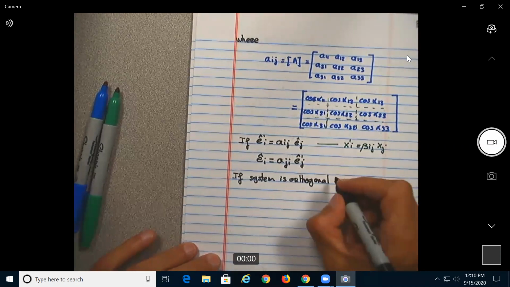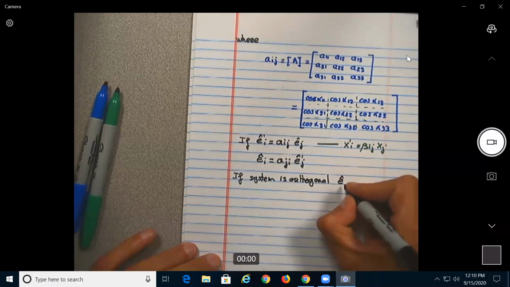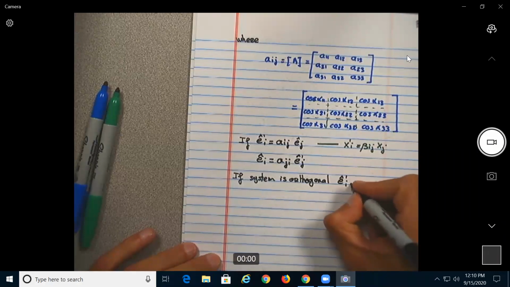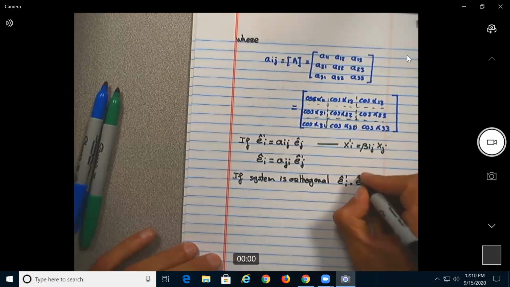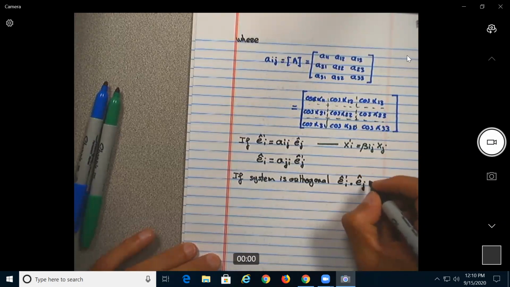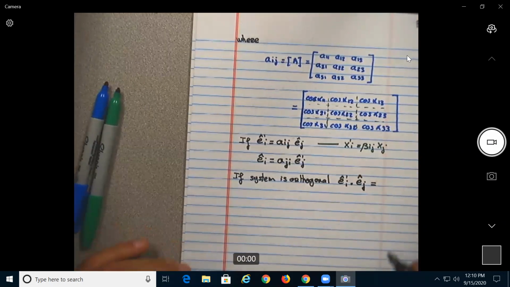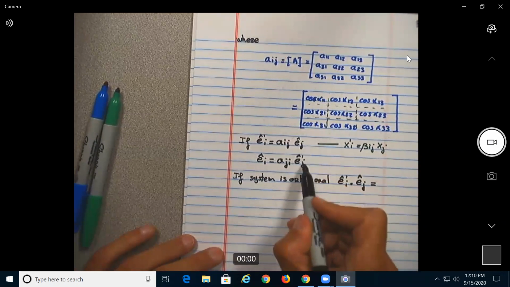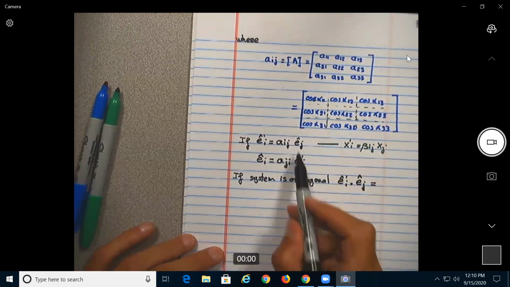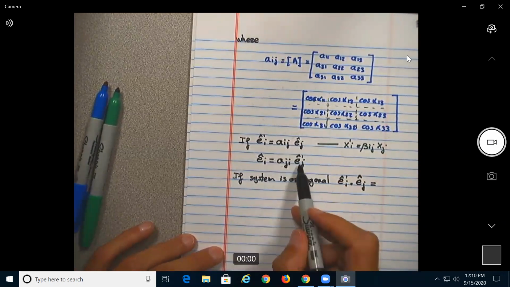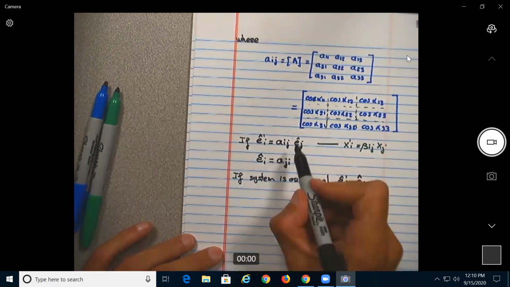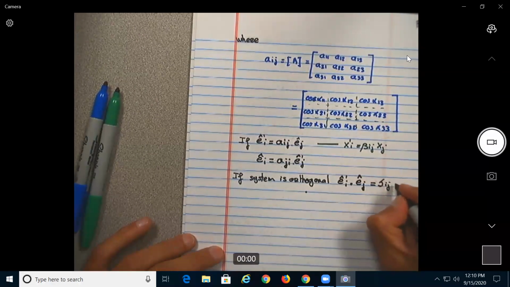For e'_i dot e_j, the two vectors, this one and this one, what should happen to these two for this to be equal? This needs to be equal to 1, yes, so it will be delta_ij equal to 1.